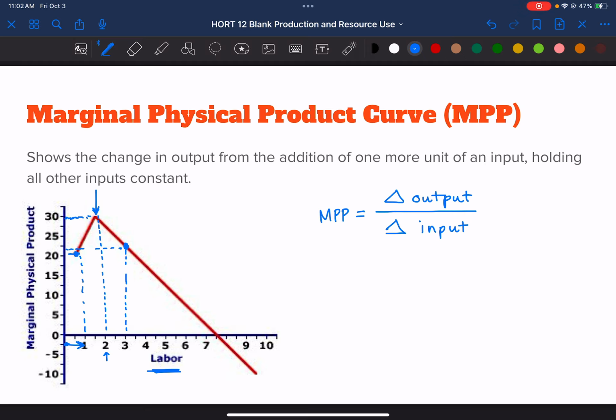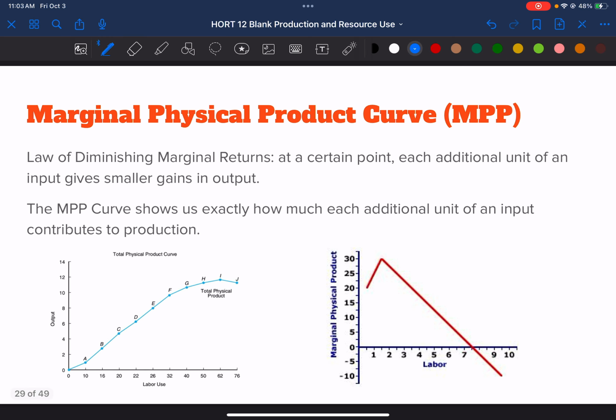But marginal physical product curves pretty much always have this shape. They have this steep part at the beginning, and then they stop suddenly and start trending downwards. And this is because of the law of diminishing marginal returns. So I want you guys to think back to the concept of diminishing marginal utility that we talked about a few weeks ago.